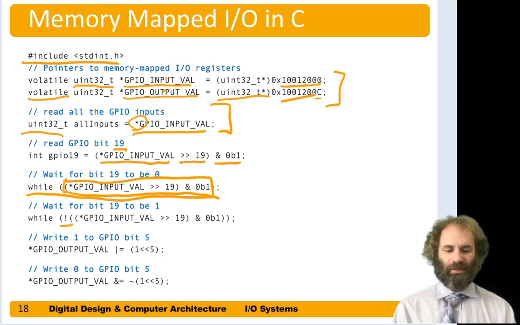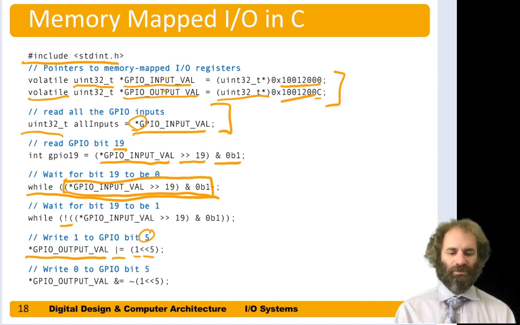If we wanted to write a 1 to a particular bit, let's say bit 5, we could take a 1, shift it left by 5, so now we have a 1 in column 5 and zeros everywhere else, and OR it with the existing value of the register, and that will put a 1 into the 5th bit and leave all the other bits unchanged.